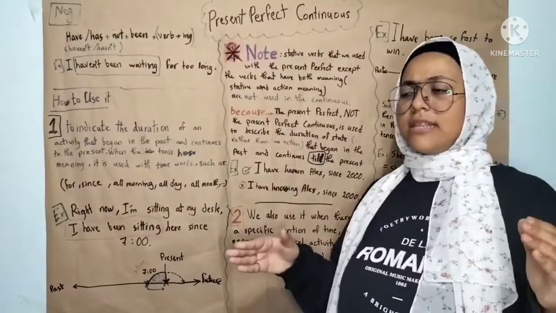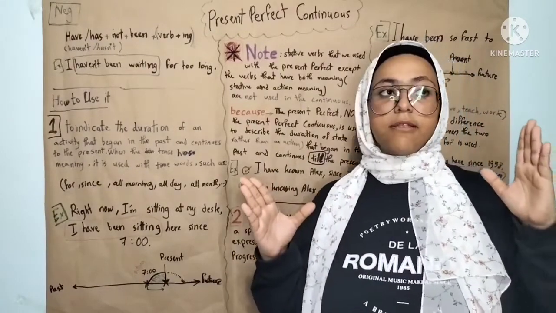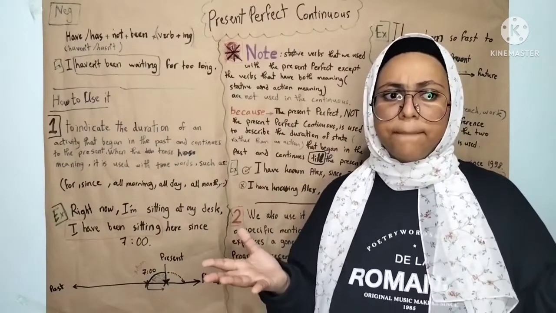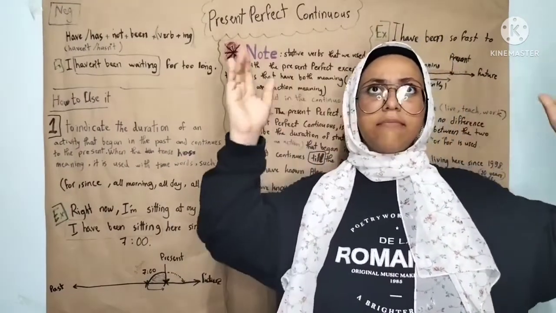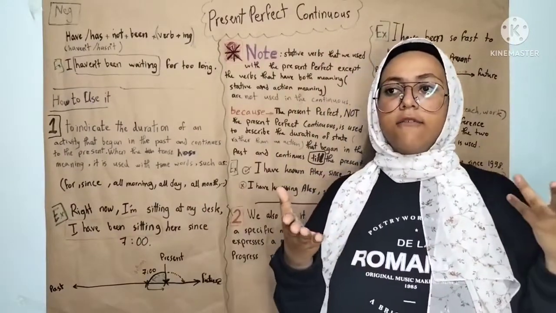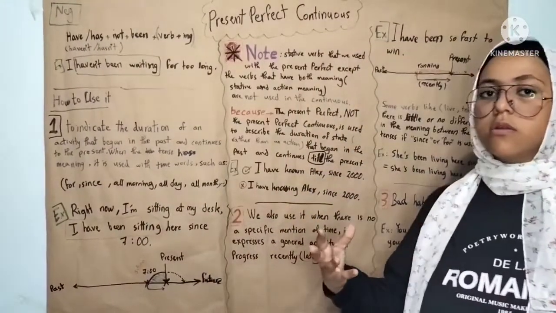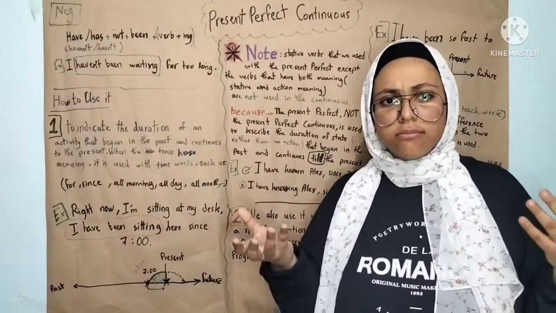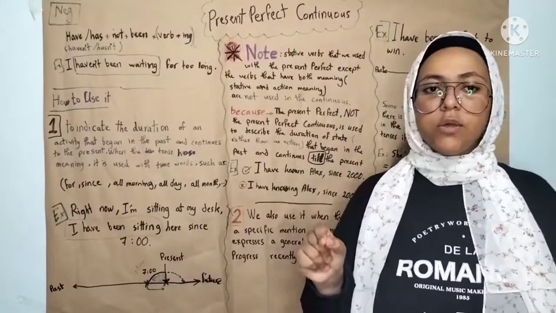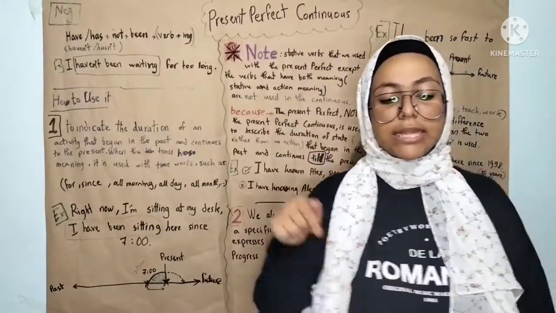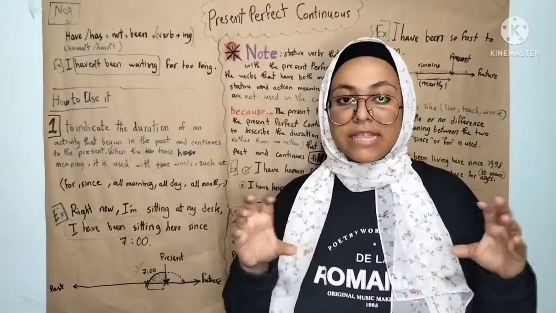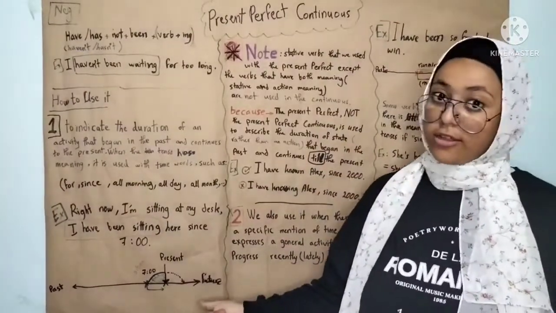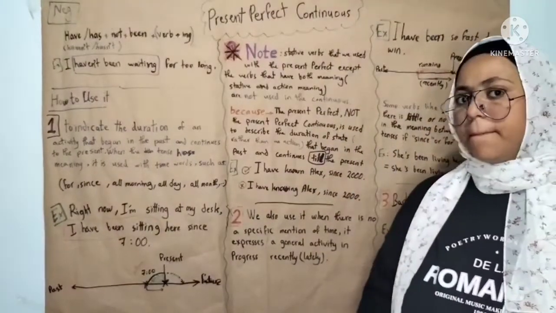But is the amount of time I have been sitting, from 7 o'clock till now, known? I mean the amount of time, like for 10 hours. No, I only gave you the time I started sitting until now, but not the amount of time I've been sitting. So let's look at the chart here to see what I mean.